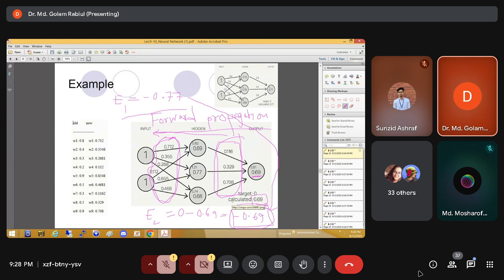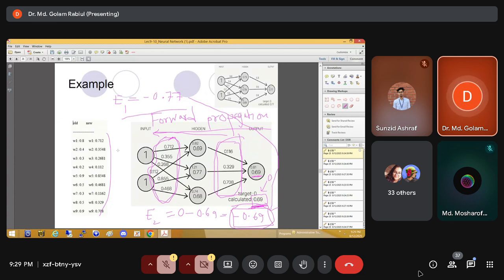In the fourth iteration, the error will be more reduced. If we continue for maybe 100 iterations or 1,000 iterations, then finally, since the target is 0, we will get a value nearly 0. So this is how the weights are updated, to match the input and output.